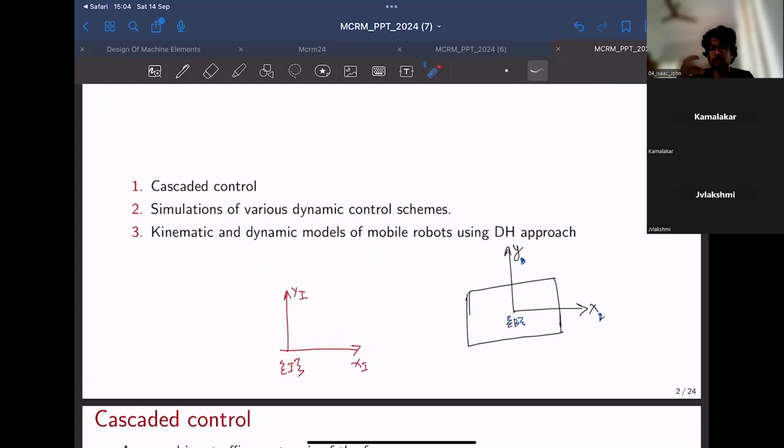Once you apply all the transformations, the propagation of velocities, accelerations and forces, you will be able to obtain the torque needed for this mobile robot to move along the x-axis, y-axis, and the vertical z-axis rotation.